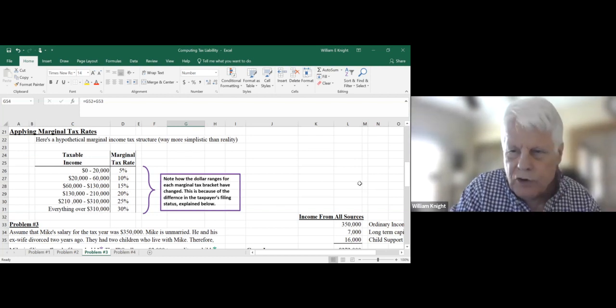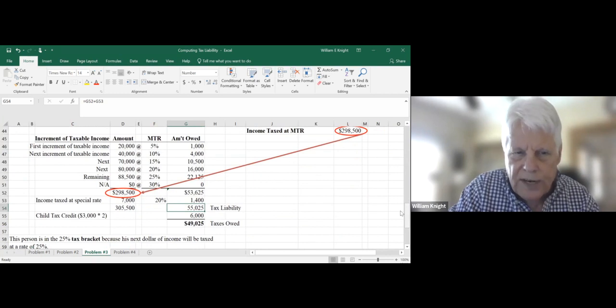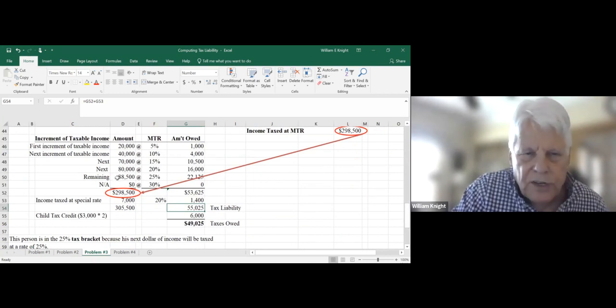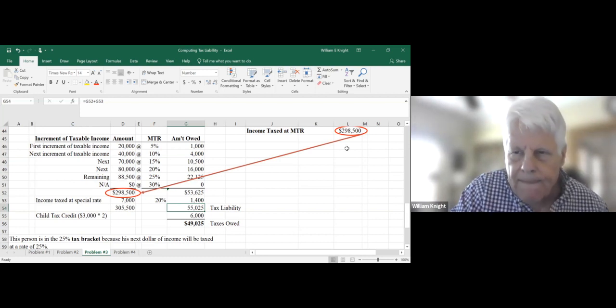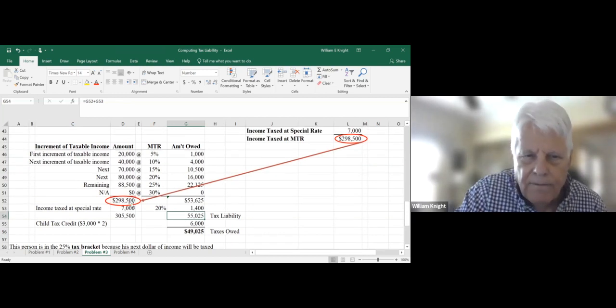From 210 to 310, it's going to be taxed at 25%. So once he gets there, that 25% tax bracket is only going to consist of $88,500. And here is his $298,500 worth of income taxed at the marginal tax rates.